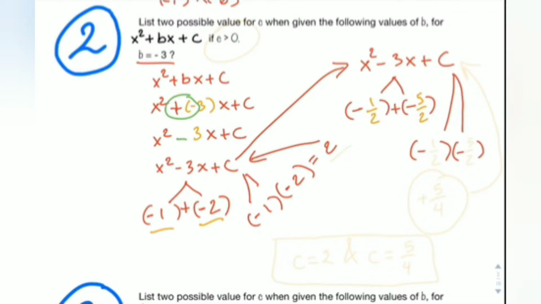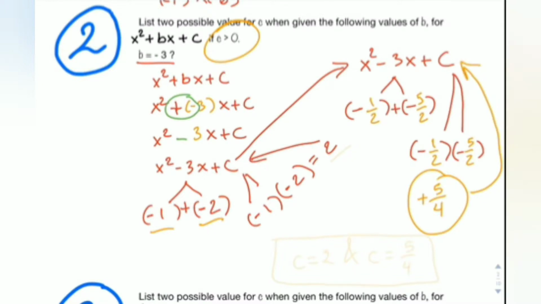Perfect. So let's plug it in. Negative 1/2 and negative 5 over 2. When you multiply these, what does it give us? Negative and negative is positive. So right away we know that it has to be positive. Good job. 5 times 1 is 5, and 2 times 2 is 4. So our other answer is C equals 5 over 4.